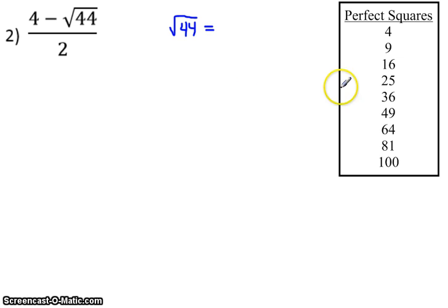Well, the biggest perfect square that goes into 44 can't be 49. 36 doesn't divide into it, neither does 25. 16 doesn't, you can check that out. 9 does not either, but 4 does. So 4 times 11 is going to give us 44.